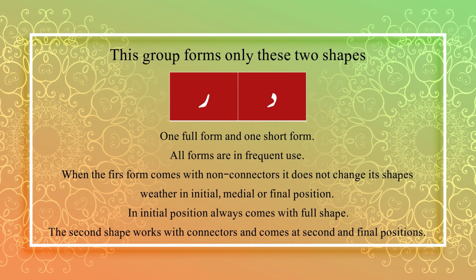When the first form comes with non-connectors, it does not change its shape, whether in initial, medial, or final position. We told you that the alphabets related to this group do not change their shapes in initial position, unlike Be and Jim, which do change in final position.